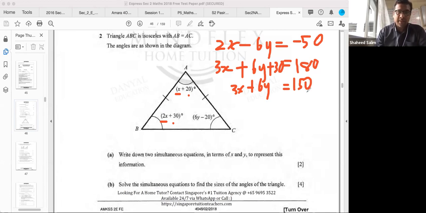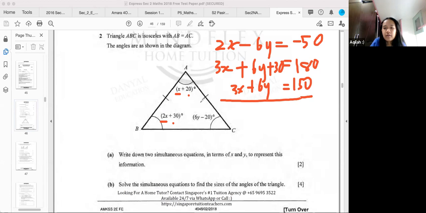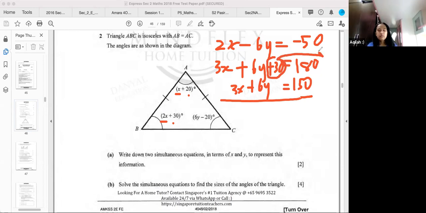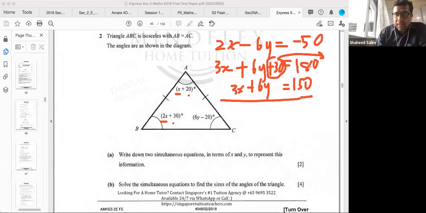Can see? Do you get it or don't get it? I'm kind of confused on how you got 150. Down here there's 30, remember? So I bring over that side, minus 30, 180 minus 30, 150.